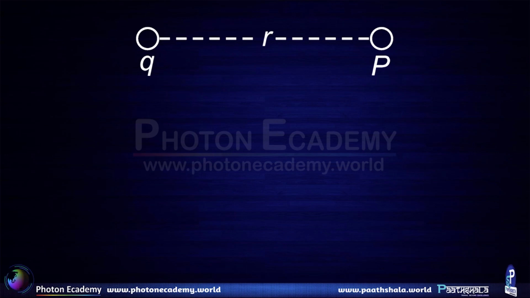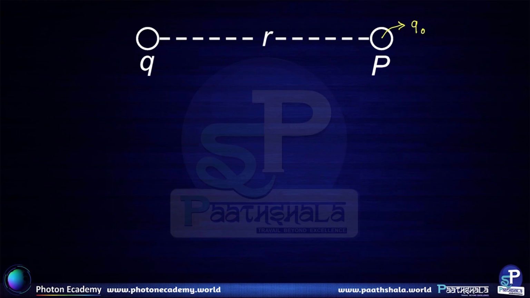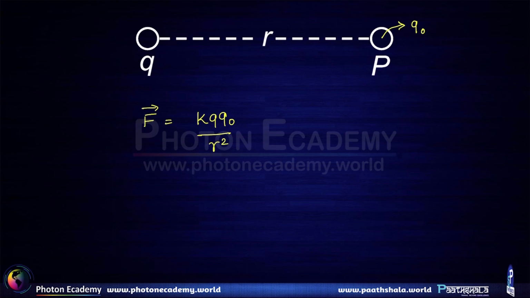Now we know that if we keep a test charge Q naught at the position of point P, then the force experienced by the test charge Q naught will be F equals K Q Q naught upon r square. And we know that the electric field is simply given by the force experienced by the test charge divided by the test charge.